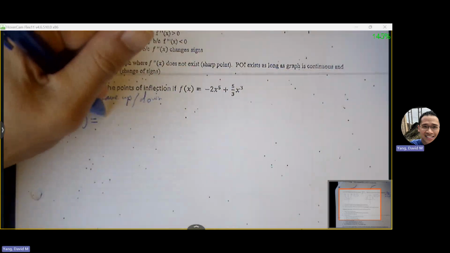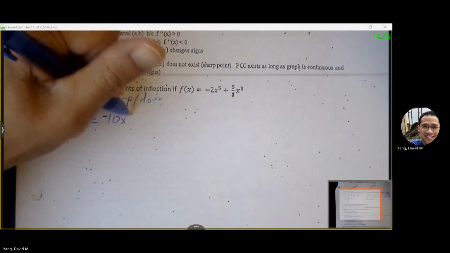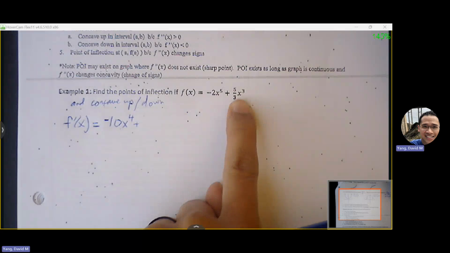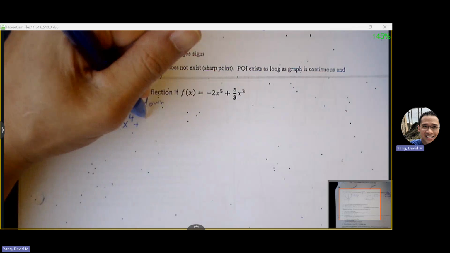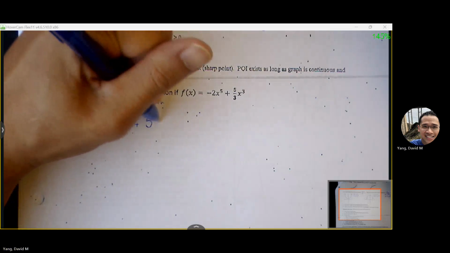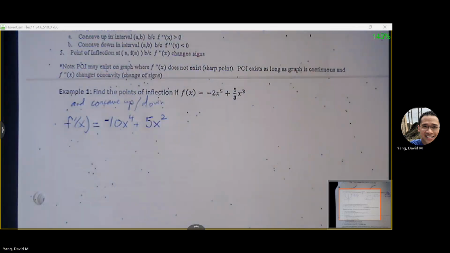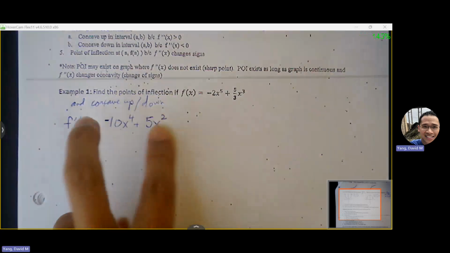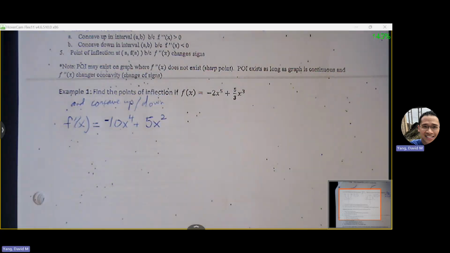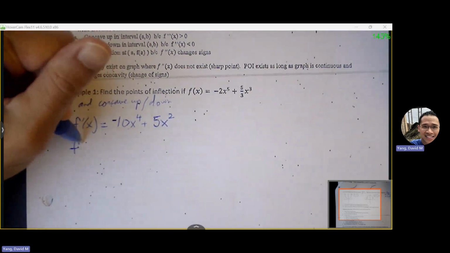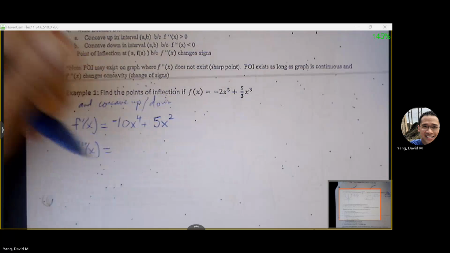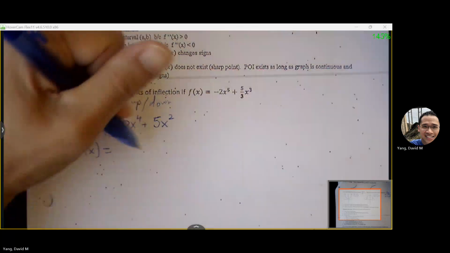Power rule. Power rule here as well. Bring down the 3. The 3 and 1/3 cancels out. We want to keep going because if we were to stop here, then we would be gathering information about the slope rather than concavity. So moving on to f double prime.